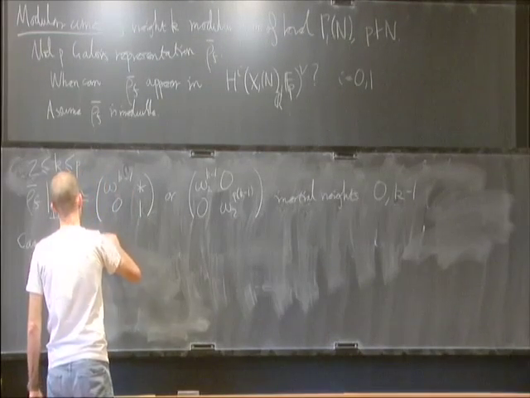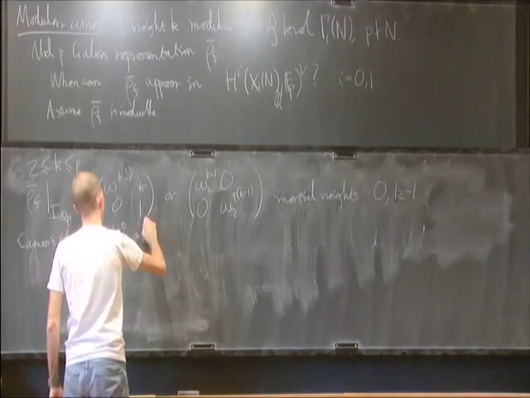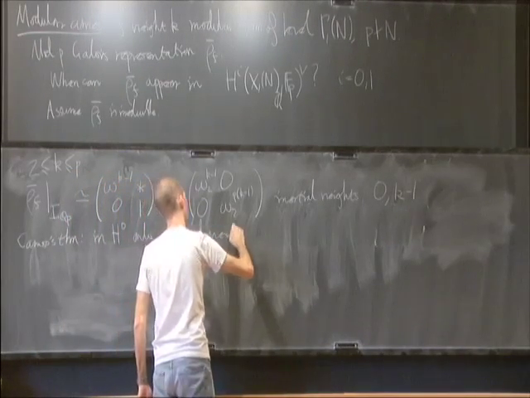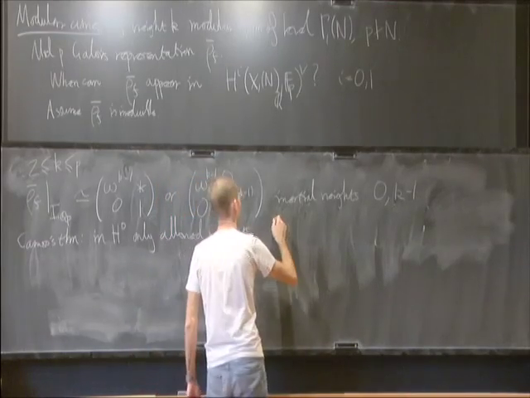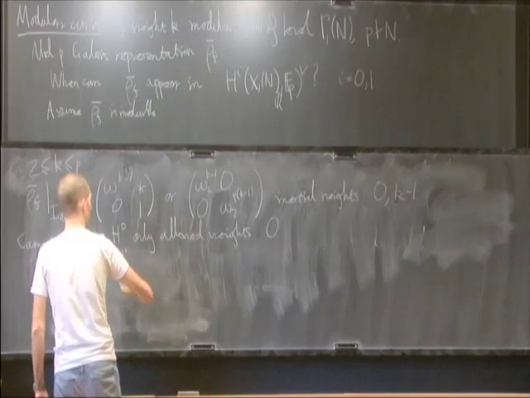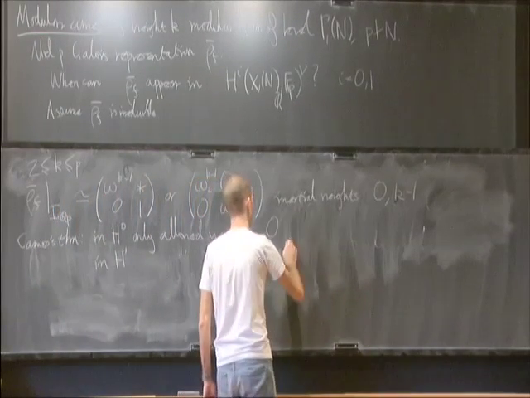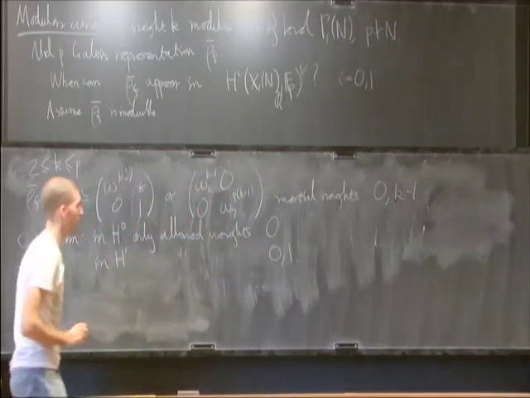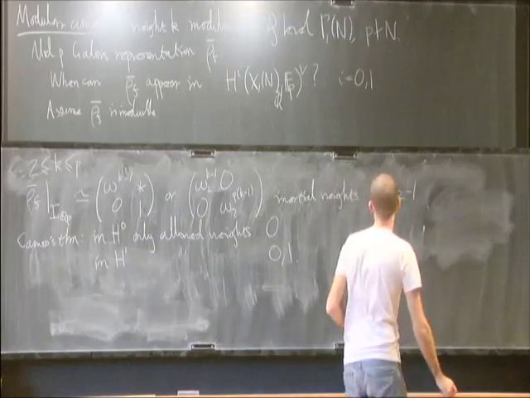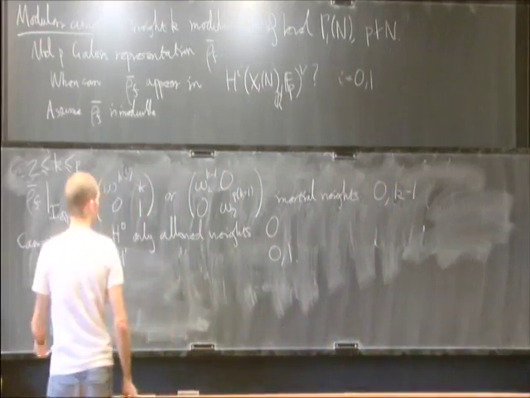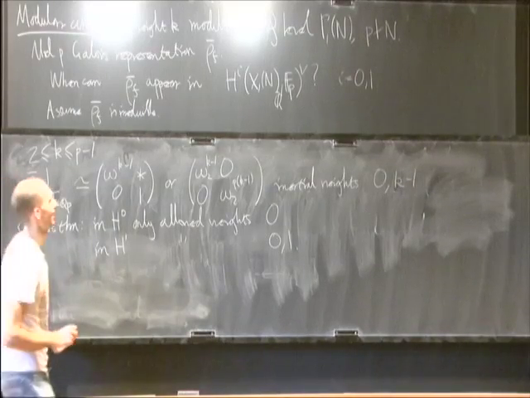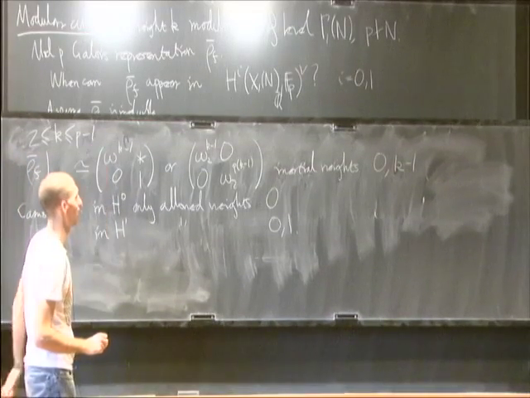So in H^0, we're only allowed weights 0. And in H^1, we're only allowed kind of weight 0 and 1. And now here we've got 0 and k minus 1. Maybe I'll even go a little further and take this down to p minus 1. Keep making my hypothesis a little more generic.